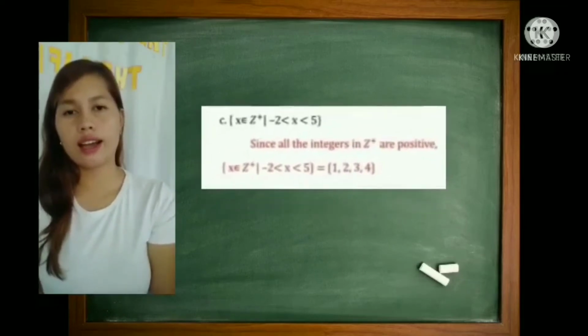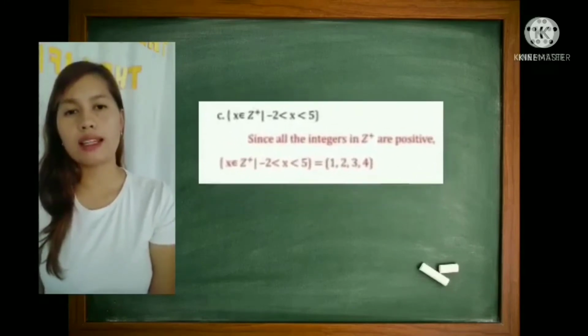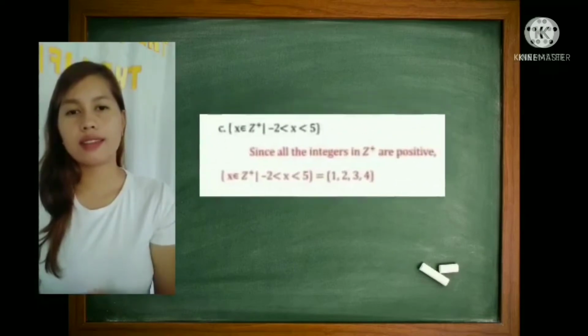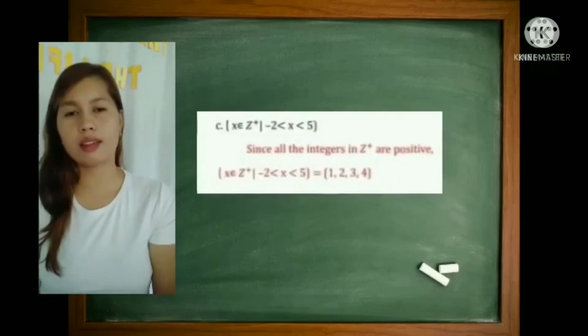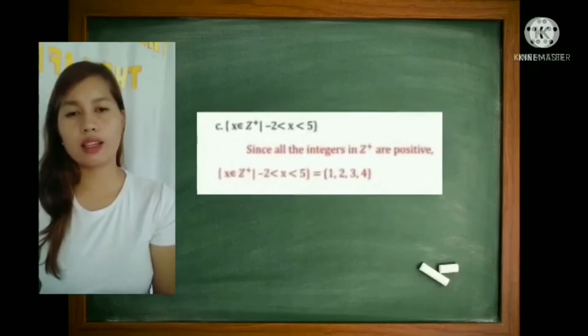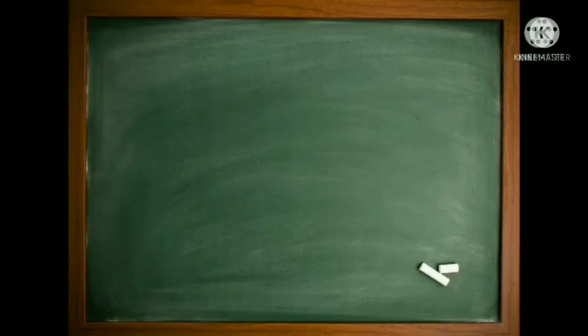So, therefore, ang elements na lang natin ay 1, 2, 3, and 4. Kung babalikan natin yung kanina, meron siyang negative 1 and 0, but this time, hinihingi niya lang is positive integers, so mawawala ngayon yung negative 1 and 0. So, ang maiiwan na lang is 1, 2, 3, and 4.